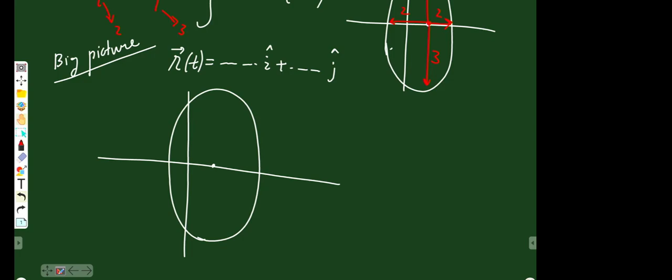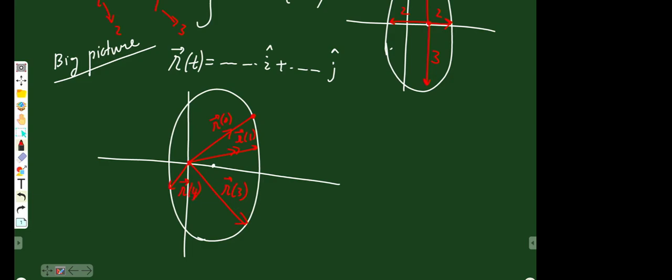So from here, this would be your r(0). This can be your r(1). This can be your r(3). This can be your r(4). Those are the positions.